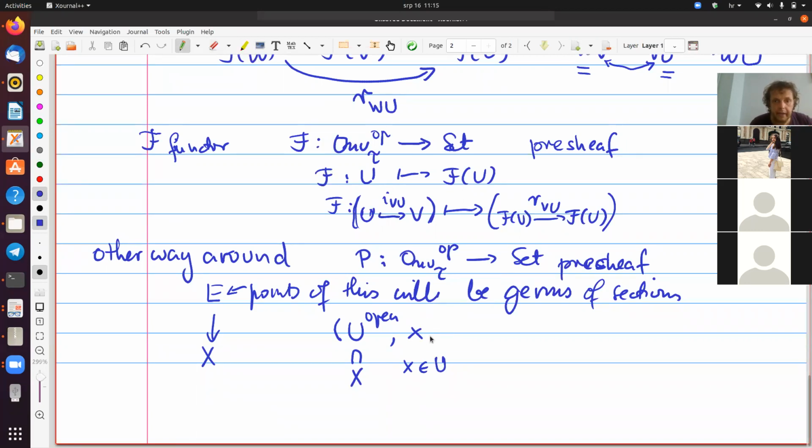And you have S, so the triple U, X, S, you can say. So S is an element of P of U. And you would like to put this as an element in this space, like a local section is almost like a point if it's small enough, you know.